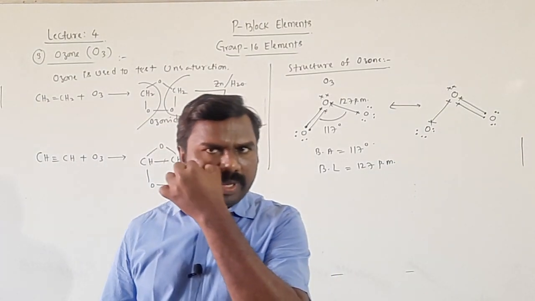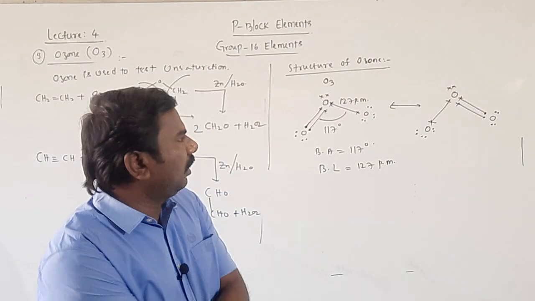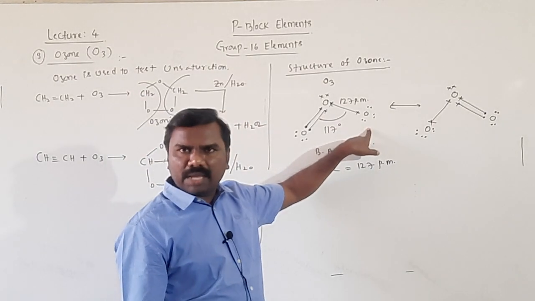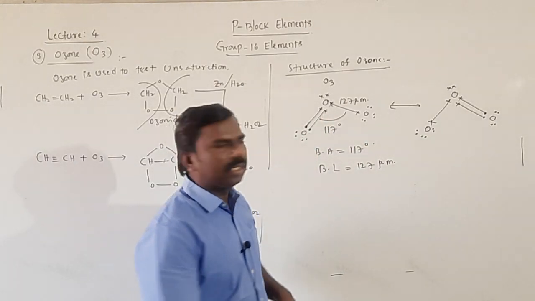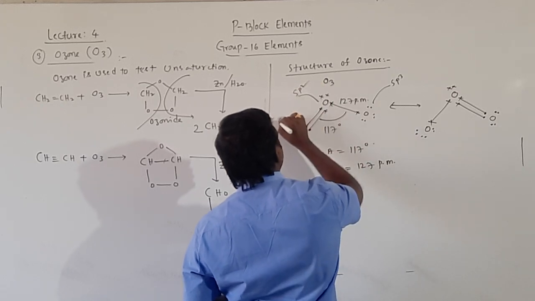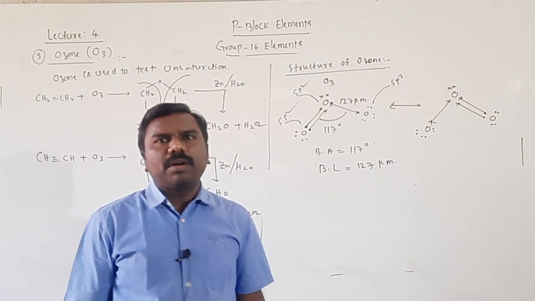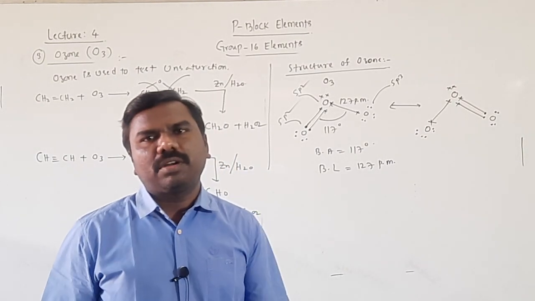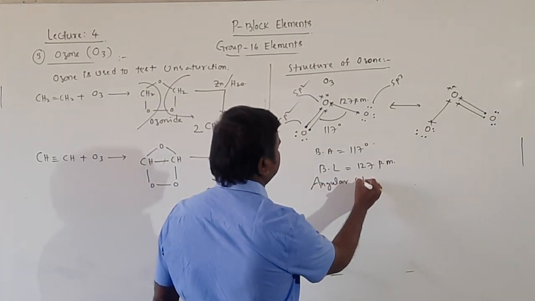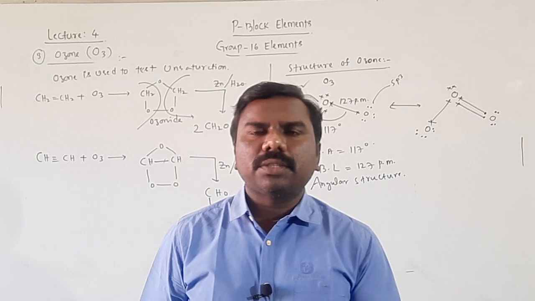The hybridization: one oxygen is sp3, the others are sp2, sp2. You just verify the hybridization afterwards. So this is the structure of ozone, an angular structure.